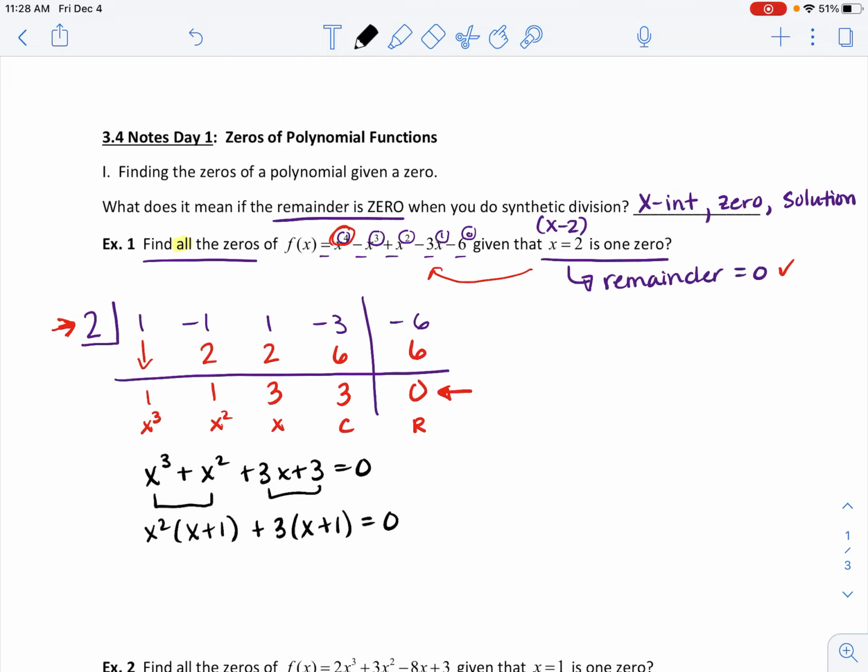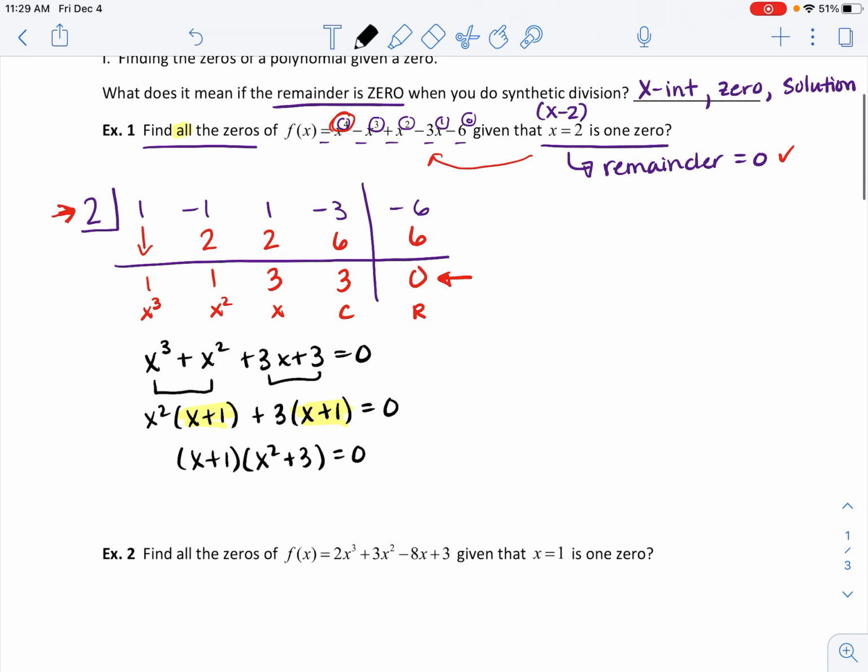By grouping, remember the stuff in the parentheses should be the same, so that's your greatest common factor. If I pull out that x plus 1, I'm left with x squared plus 3 equals 0. Now, setting both of these equal to 0, I have x plus 1 equals 0, which gives me x equals -1 as another solution.